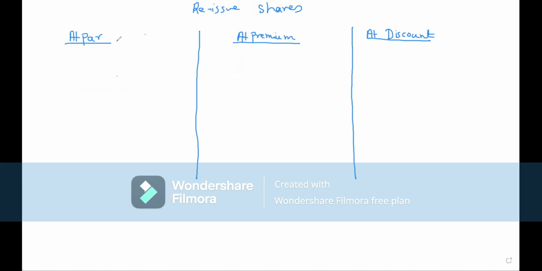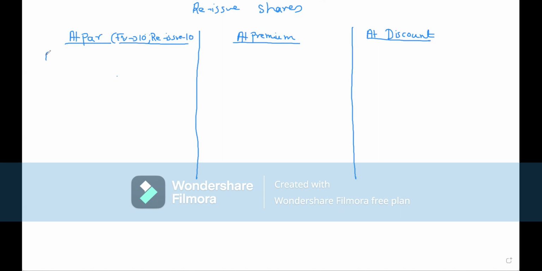What is the meaning of par? That means, say for example, the face value of the share is 10 and the share has also been reissued at 10. This is reissue at par. Face value is 10, called up is also 10, and the company has reissued the same shares at rupees 10.